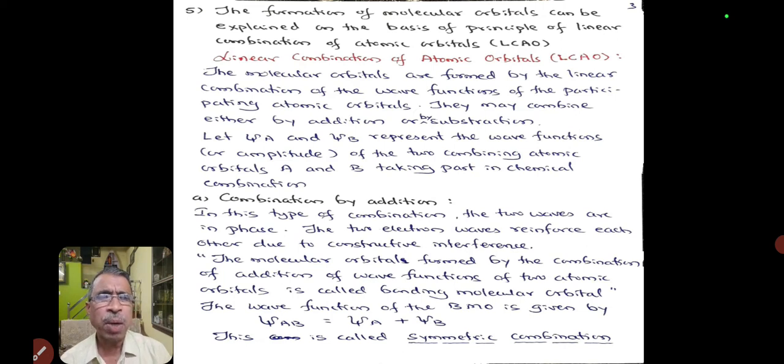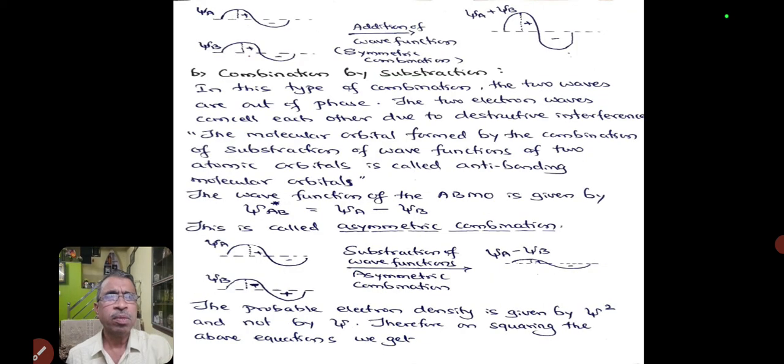Students, the plus sign here is not meant in the mathematical way; it is called symmetric or additive. Suppose you consider the wave function psi A: the upper part we give a positive sign and the lower part we give a negative sign.